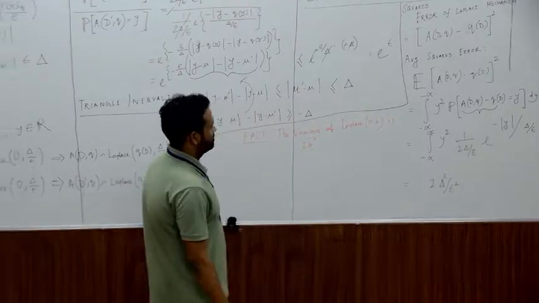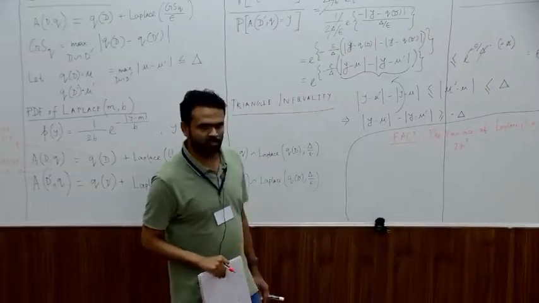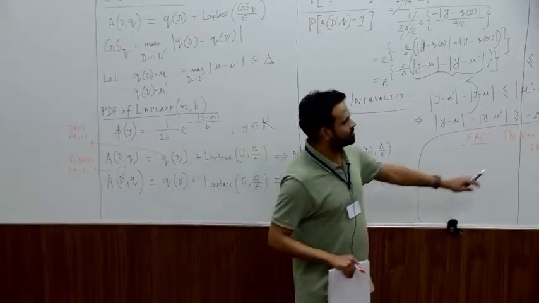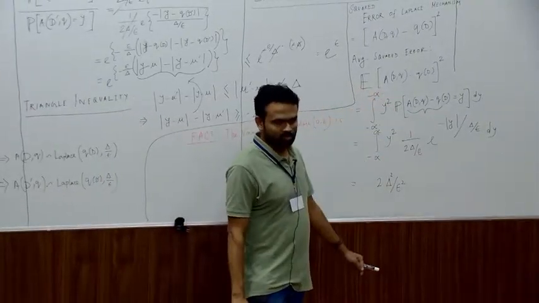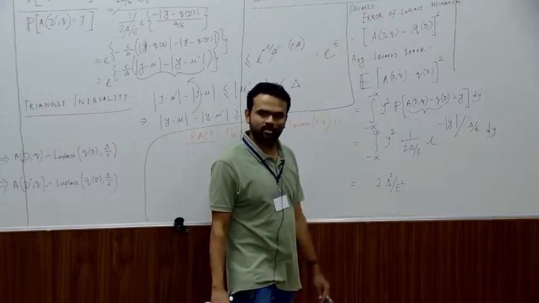Okay, the variance of the Laplace distribution is 2 into b square. If you compute the variance, you will get it. So I am just using that. This is like the expected value of y square, and since the mean is 0, this is equal to the variance.